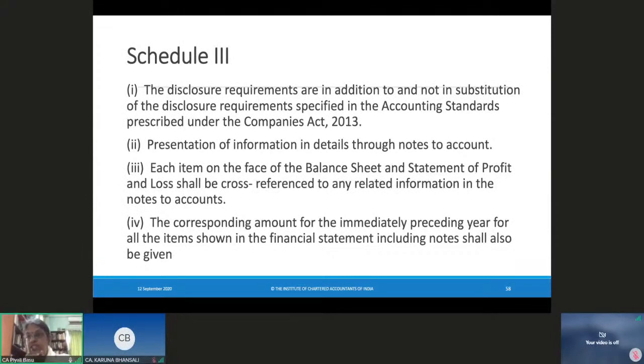Of course, applicable accounting standards will still apply somewhere. Specifically, if it is not required, then it is a separate issue.